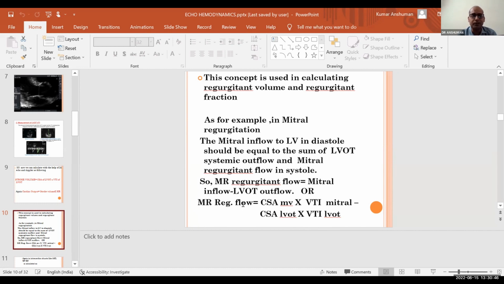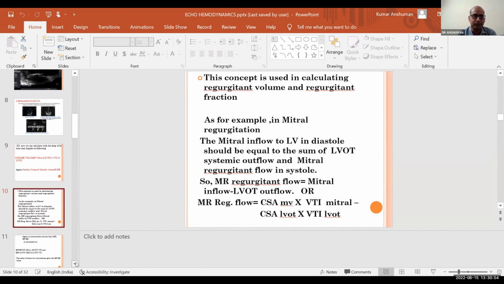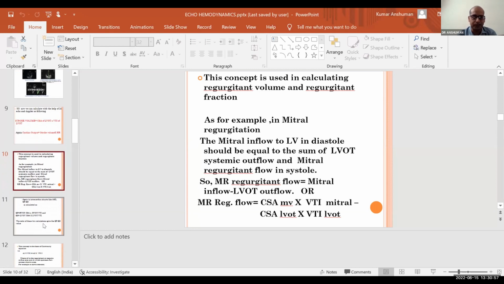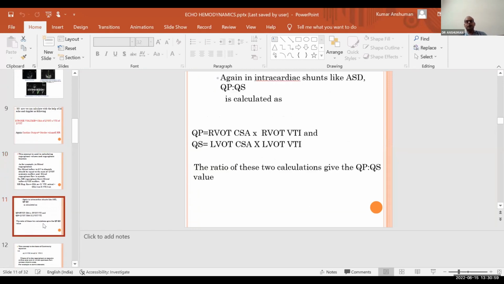And by calculating MR regurgitant flow, we can quantify the severity of the MR. So this is one of the basic concepts of hemodynamics. Now again, the same concept comes in shunts like ASD, VSD, where we have to find out what percentage of the blood is going to the pulmonary part and what amount of blood is going to the systemic part.